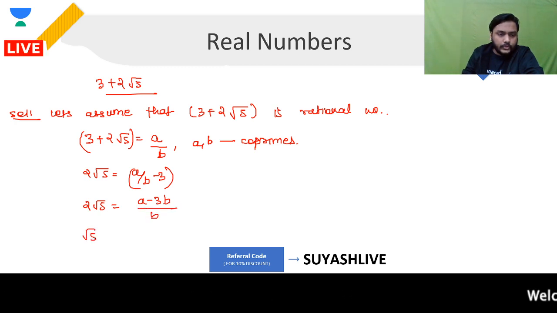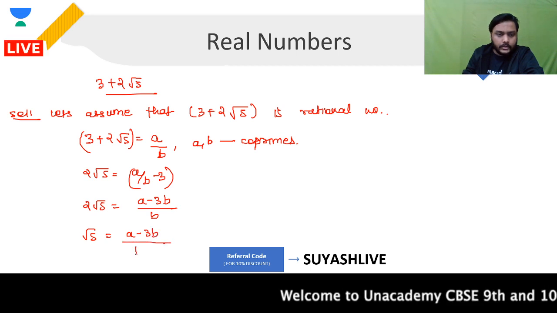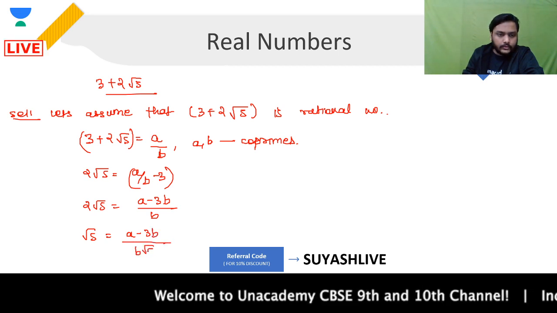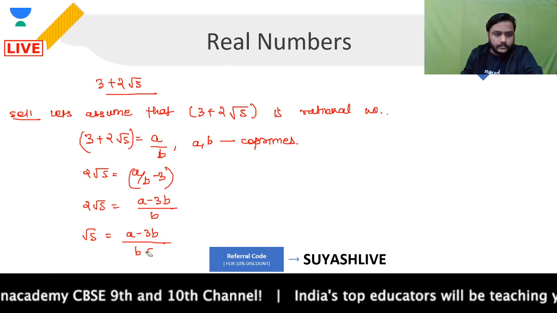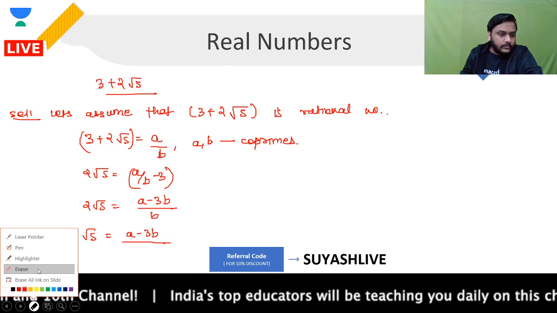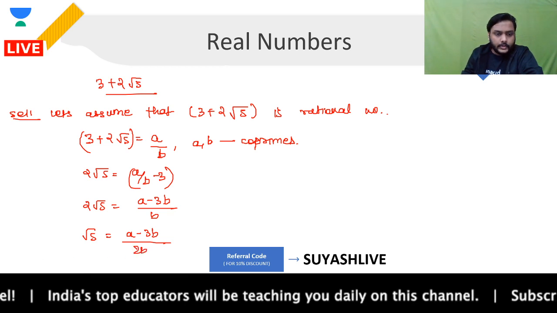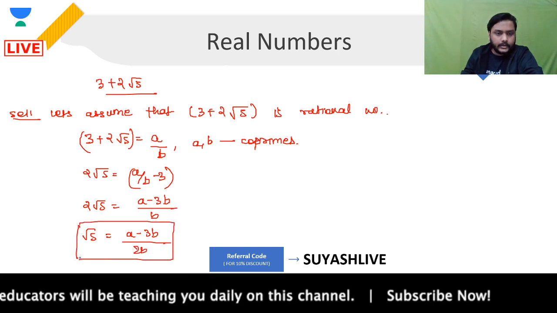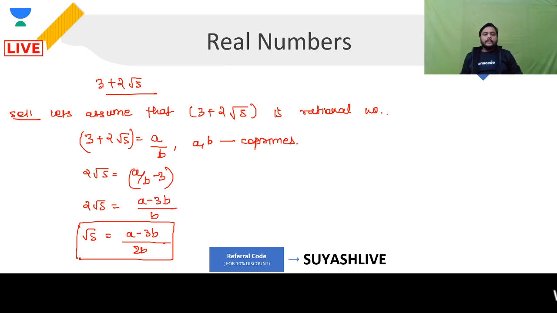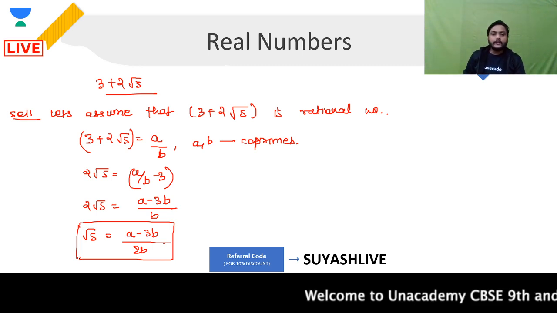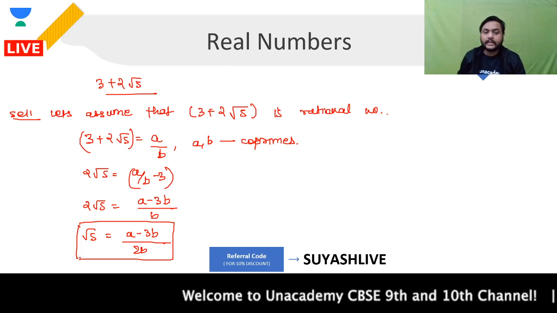And that means root 5 is equal to (a minus 3b) upon b times 2, so it's going to be 2b, right? Clear? You are having root 5 equal to (a minus 3b) upon 2b.